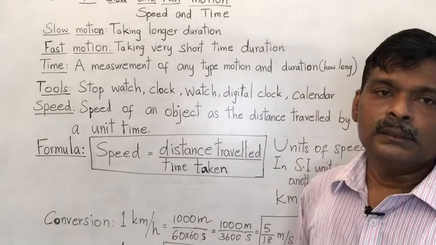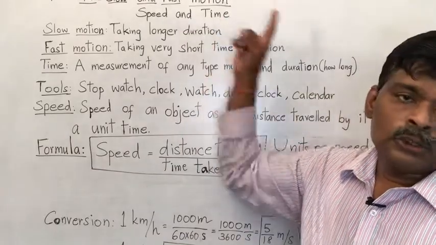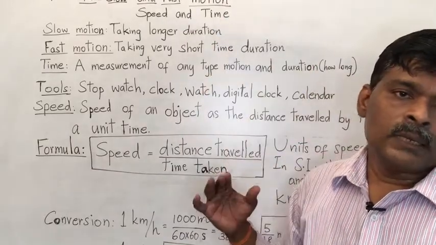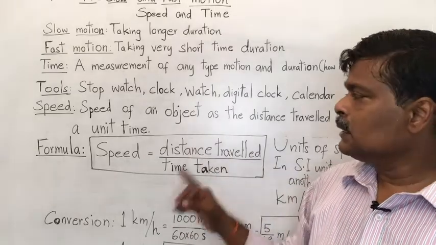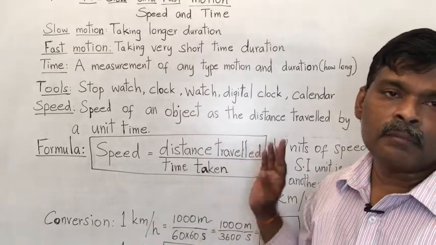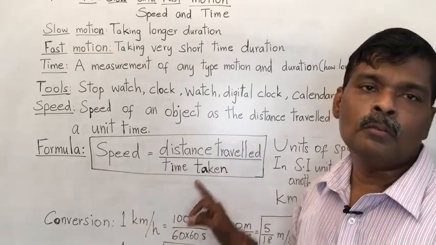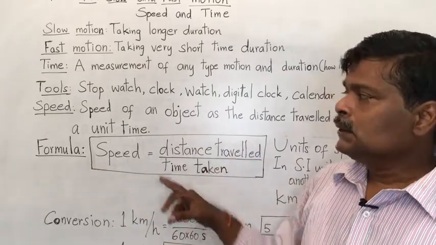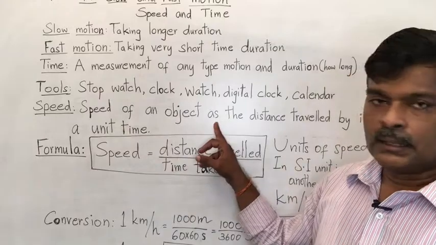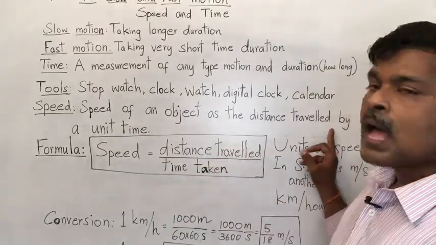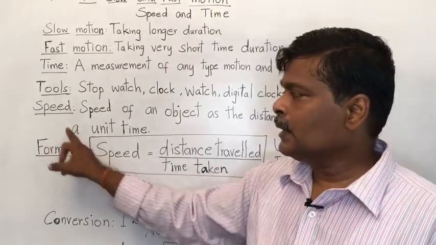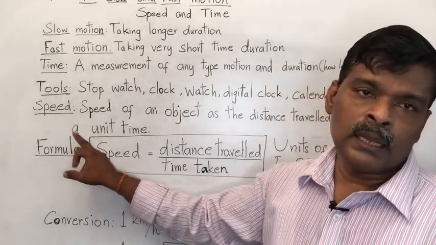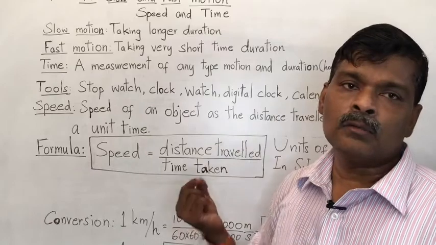Next, speed. Because of motion, any object gets speed, and speed is nothing but the distance traveled divided by time taken. This is the definition or formula for speed. The speed of an object is the distance traveled by it in a unit time, meaning for 1 second or 1 hour.